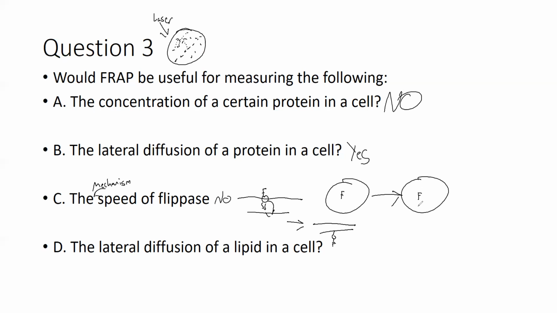With a microscope, it's going to be very hard to see something at that level of detail, and especially with fluorescence, you can't tell whether a lipid is on the top leaflet or on the bottom leaflet. So you can't do that. D, could you do that for the lateral diffusion of a lipid in a cell? Yeah, probably. You just have to put fluorescence on your lipids. That might be a problem, but it should be theoretically possible.